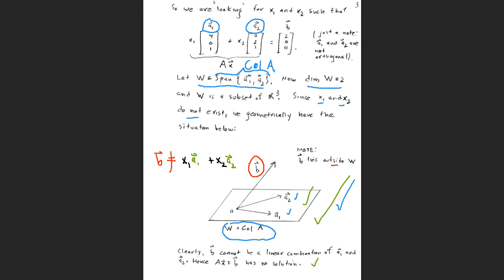If you just look at vectors A1, A2, and vector B, vector B is clearly outside the column space of the matrix A. Please let me know if you have any questions about this.